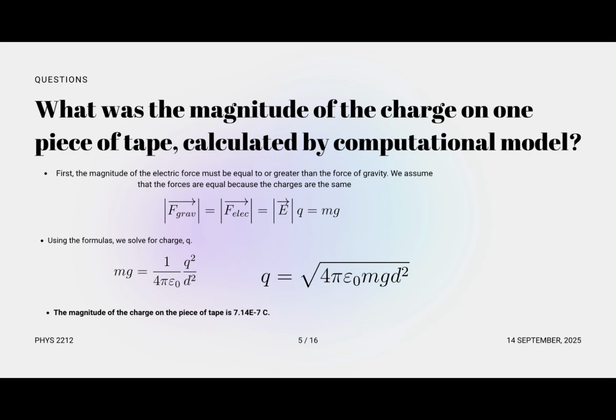Using the formulas, we solved for the charge Q. Using the computational model, we found that the magnitude of the charge of the piece of tape is 7.1 times 10 to the negative 7.